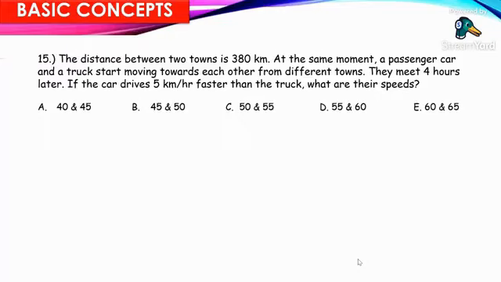Okay? So the distance between two towns is 380 kilometers. At the same moment, a passenger car and a truck start moving towards each other from different towns.